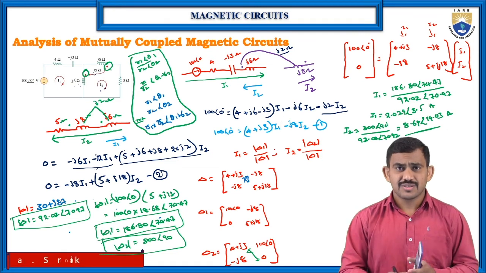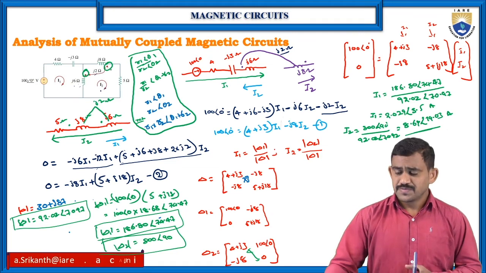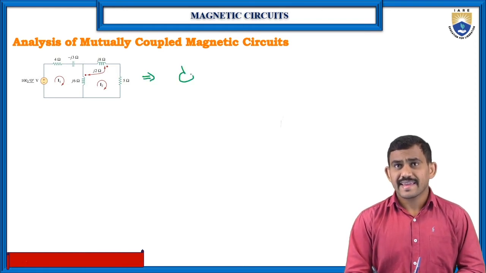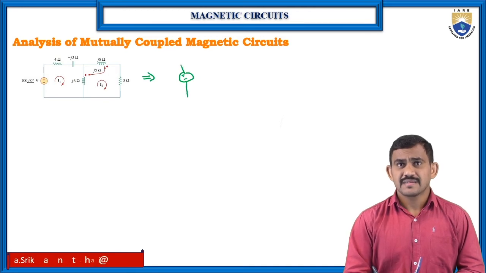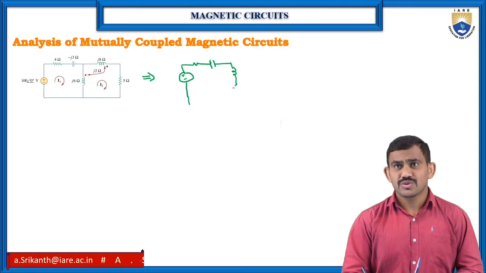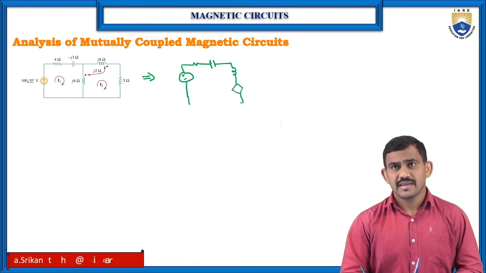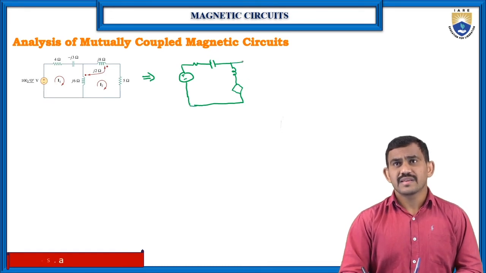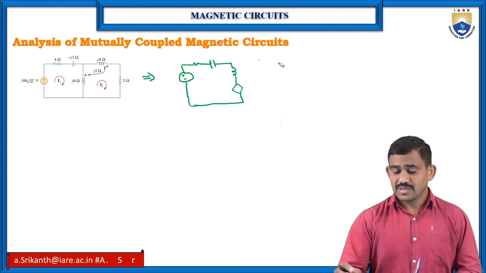For this particular circuit, you can draw one more circuit also. Here the plus minus is as it is, and the resistor and capacitor, and we have the inductor, but this inductor is mutually coupled with one more inductor, and the remaining inductor is also coupled.